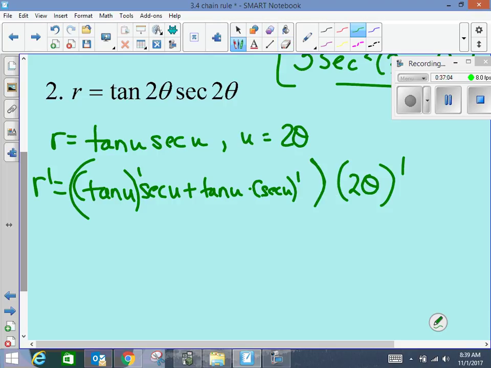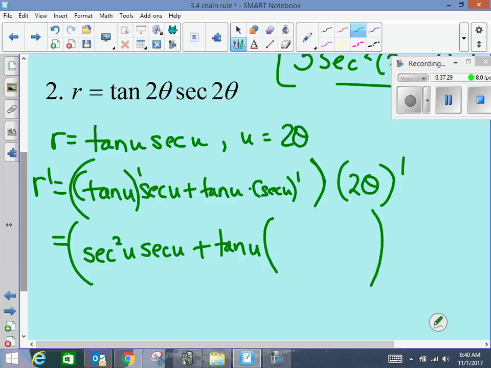Okay, so watch the parentheses. All right, what's the derivative of tangent of U, Melanie? Secant. Okay. Secant U, tangent U, and the derivative of secant U?